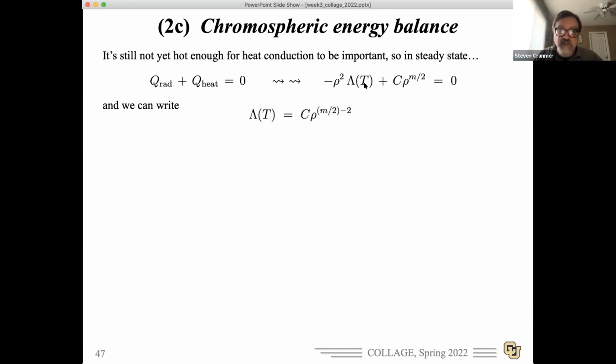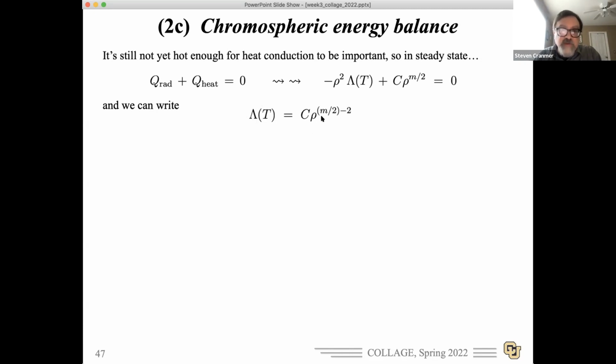We'd really love to solve it for the temperature as a function of position, or of density, because we know how the density is dropping. But really, all we can get is to this point. If this was an actual mathematical function, we could take the inverse function of both sides to solve for temperature, but we can't. It's just a tabulated function, but it still tells us a lot.